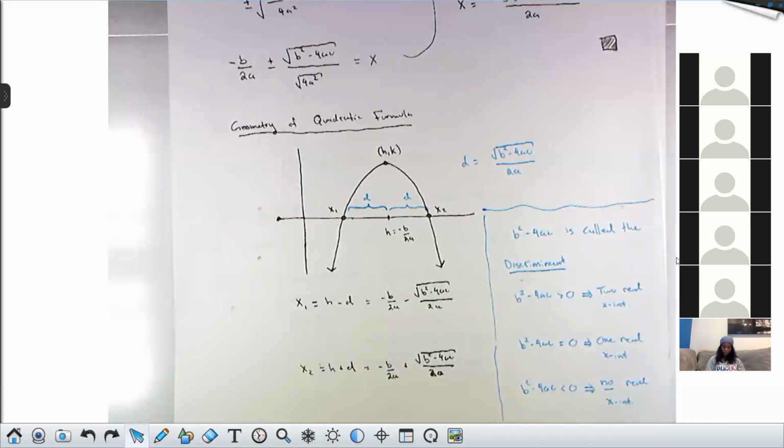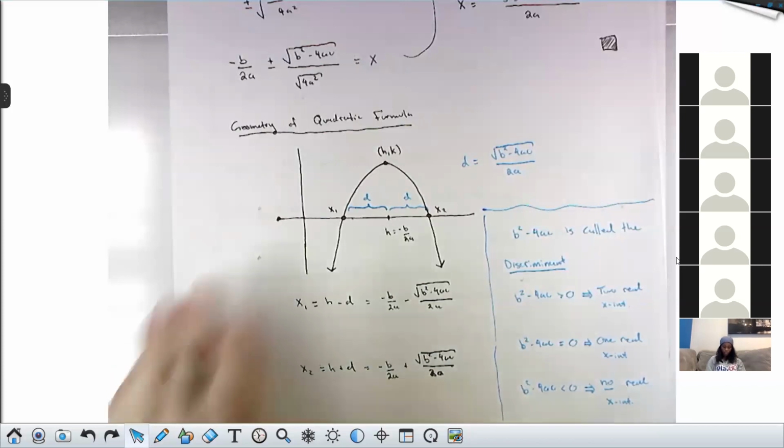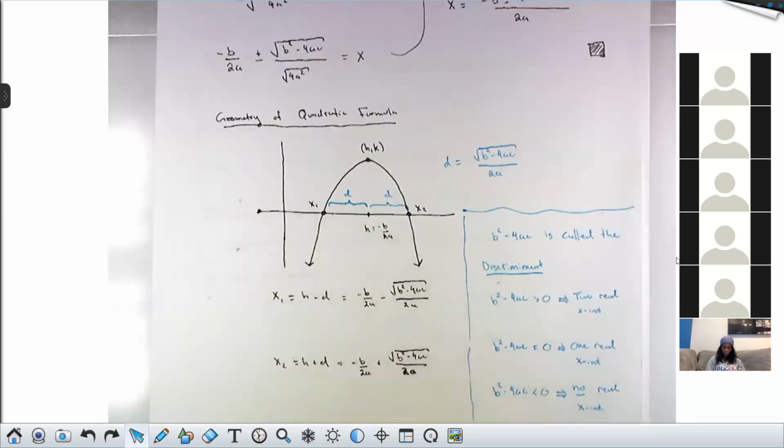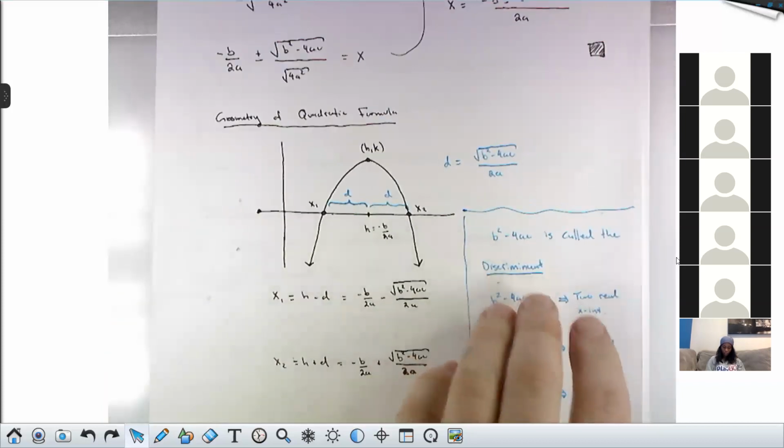Before we say goodbye to quadratics, before we finish up this part of the book, I just want to do one more factoring example where we have to work a little harder.